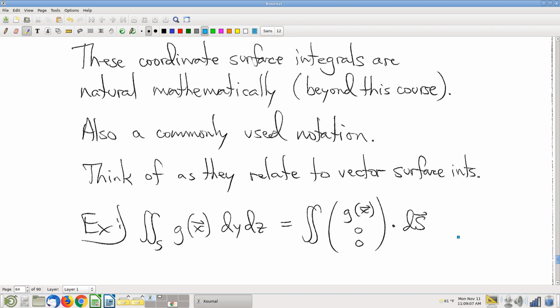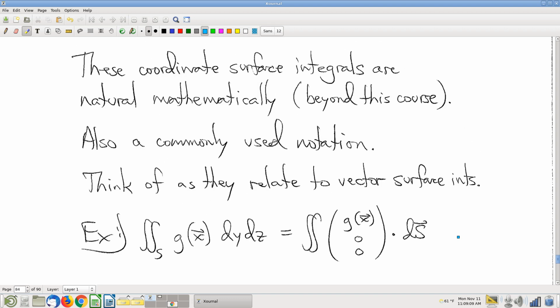For example, if you're out there in the real world at some point, you see an integral that looks like this. We've seen bazillions of kinds of integrals at this point. Let's count just for fun. Single variable integrals, double integrals, triple integrals, scalar line integrals, scalar surface integrals, vector line integrals, vector surface integrals, and now coordinate line integrals and coordinate surface integrals.